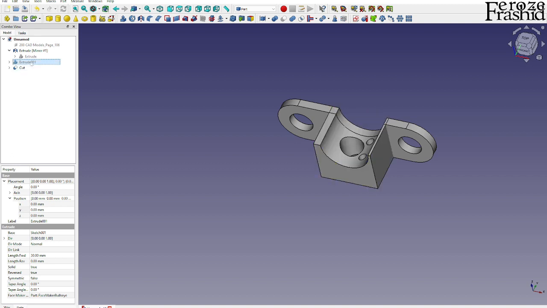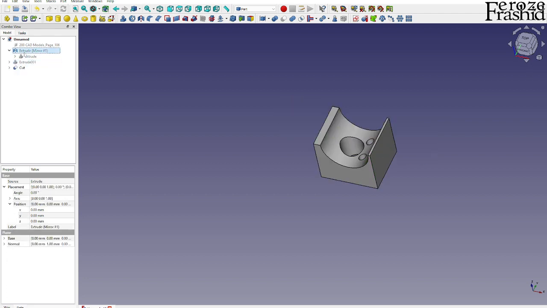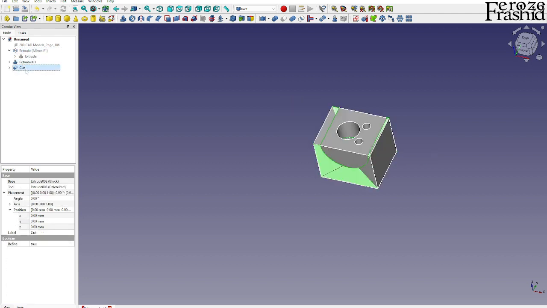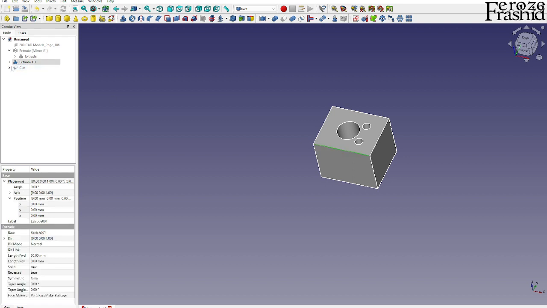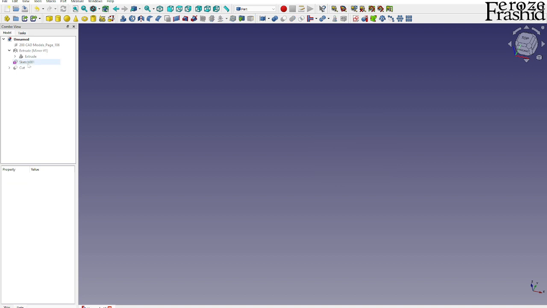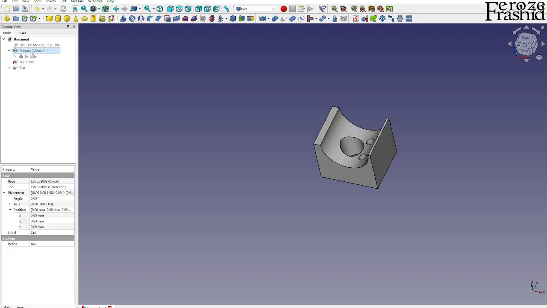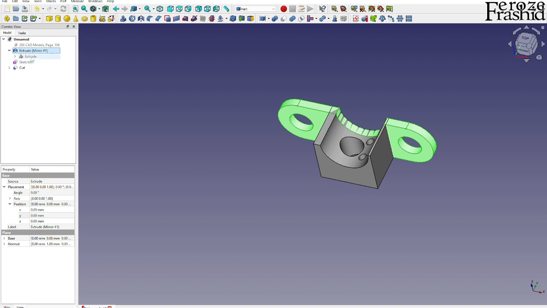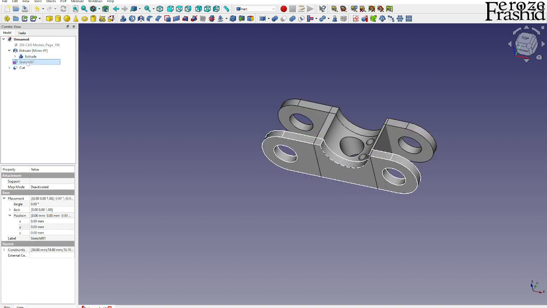I don't know why it is an extrusion. So here's the cut. There it is. So we had two extrusions at that time. Silly me. Yep. So we have the cut, and we have the one wall, we have another wall, and that's all we need. We don't need this other one.